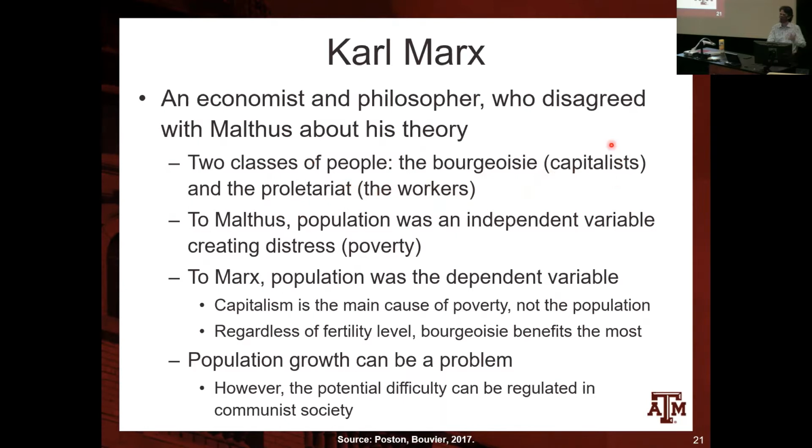The capitalists own the means of production, and they exploit the work of the proletariat. And capitalists start over time to accumulate a lot of wealth, and that creates a lot of inequality in the societies.